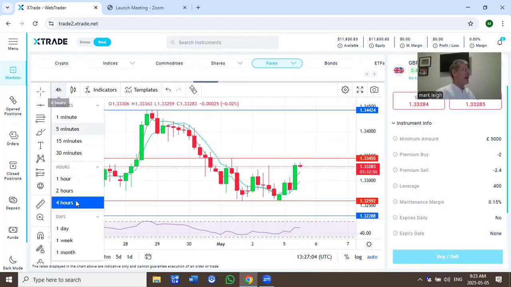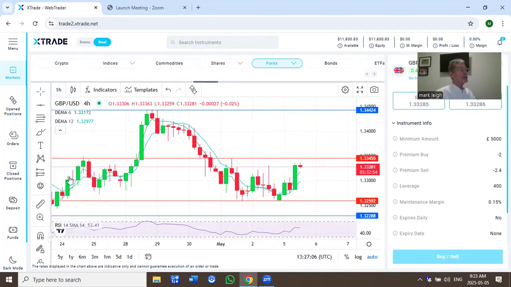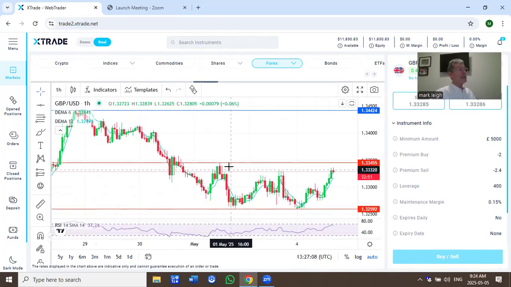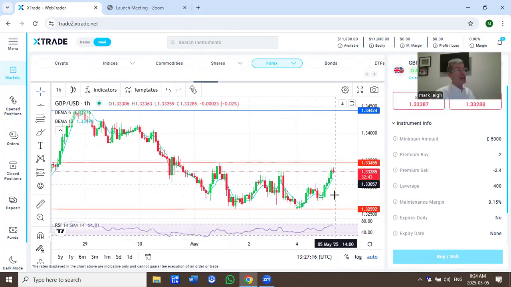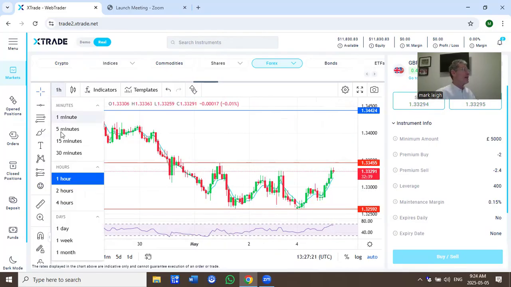If I zoom into the hourly, the trend is even stronger. But there's the level that we're looking at. Buyers looking to come up and test 133.45. Sellers looking to come down off this area to the support at 132.57.